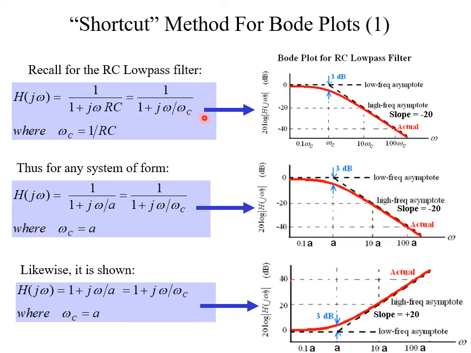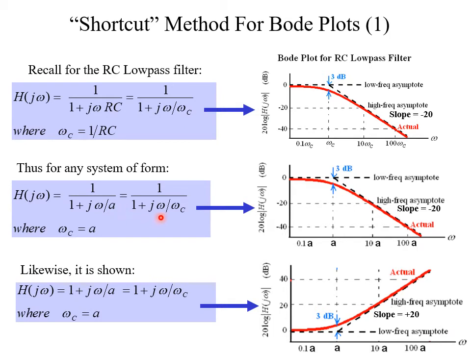And we saw that for this filter, we have a Bode plot that looks like this. It's at 0 decibels until we get to the corner frequency, and at that point we start dropping by 20 decibels per decade. So by extension, if we have any system that has the frequency response 1 over 1 plus j omega over a, well this a here is where the corner frequency would be up here.